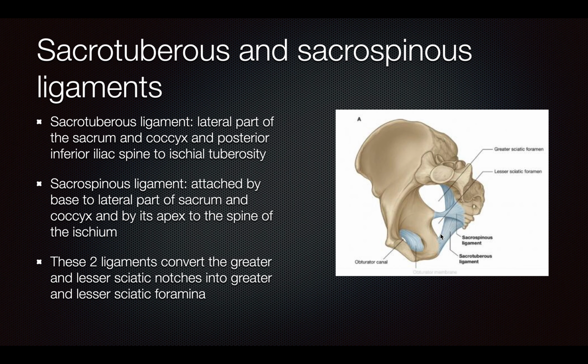The sacrospinous ligament has its base attached to the lateral part of the sacrum and coccyx, and then the apex would be the spine of the ischium.